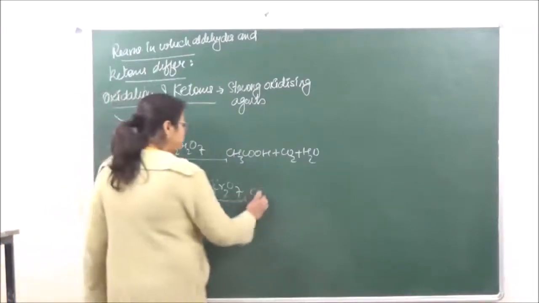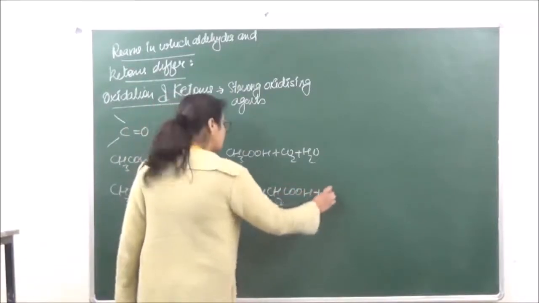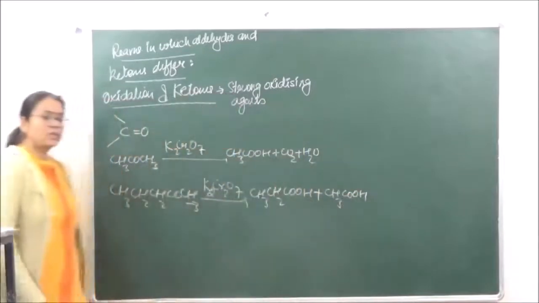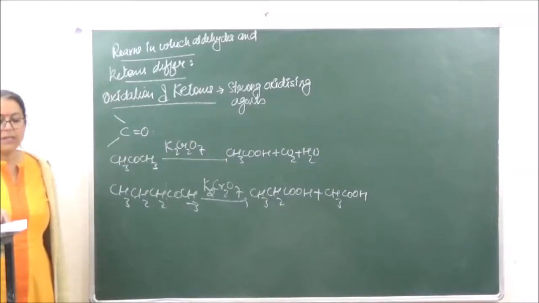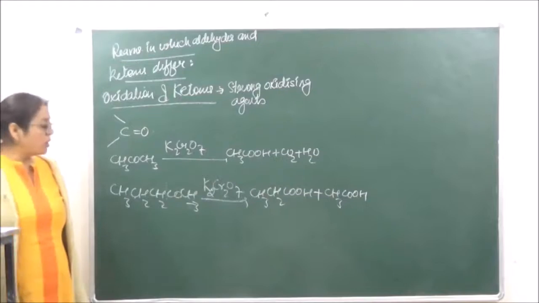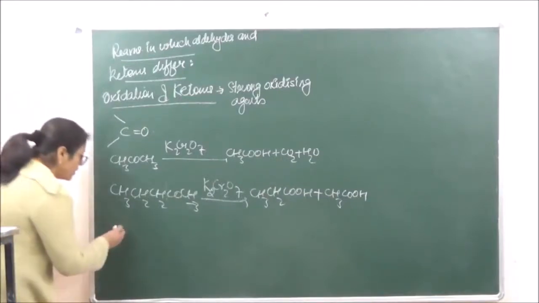We will get CH3CH2COOH plus CH3COOH. So this is what Popoff's rule is. The ketonic group will always remain with the smaller chain. Is it clear? So let's take another example over here.